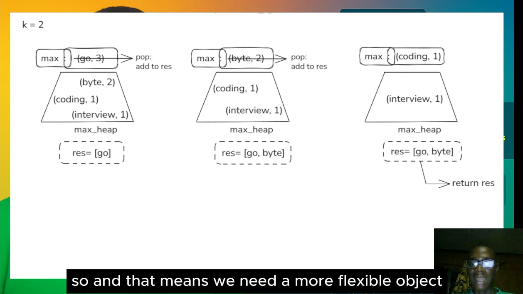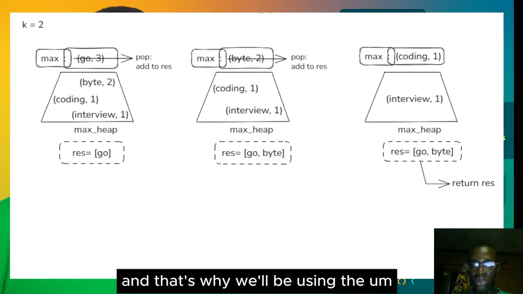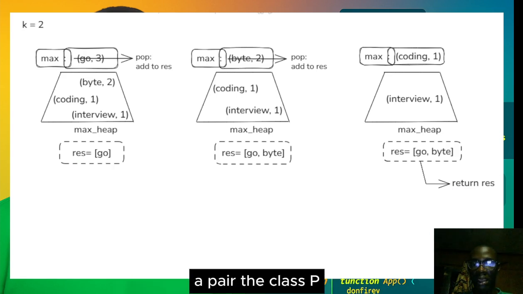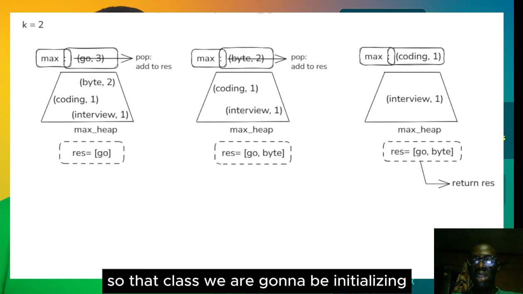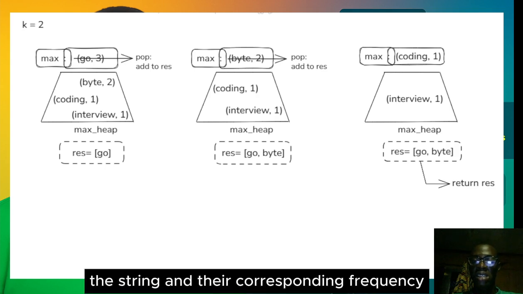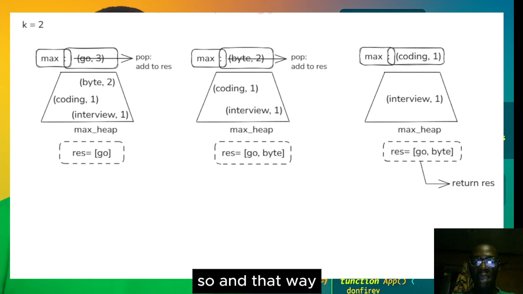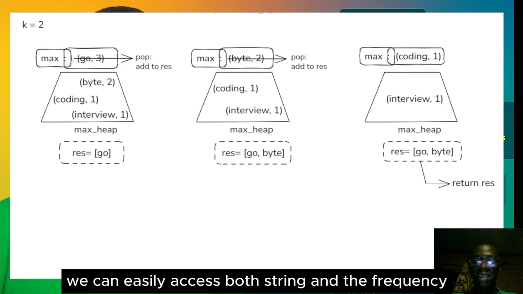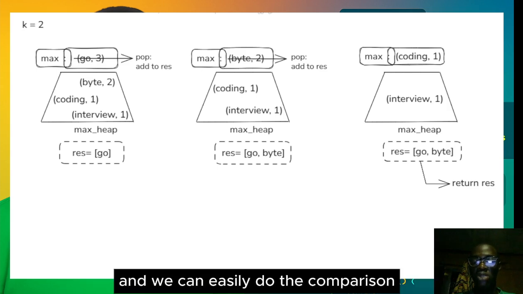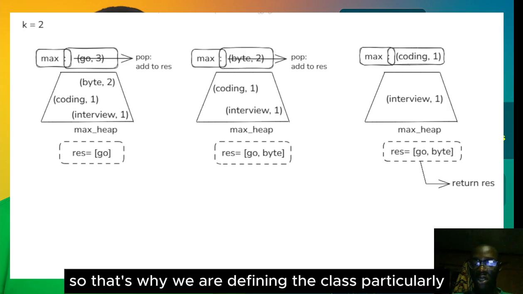That means we need a more flexible object, and that's why we'll be using the class Pair. In that class, we are going to be initializing the string and its corresponding frequency. That way we can easily access both the string and the frequency, and we can easily do the comparison. So that's why we're defining the class.